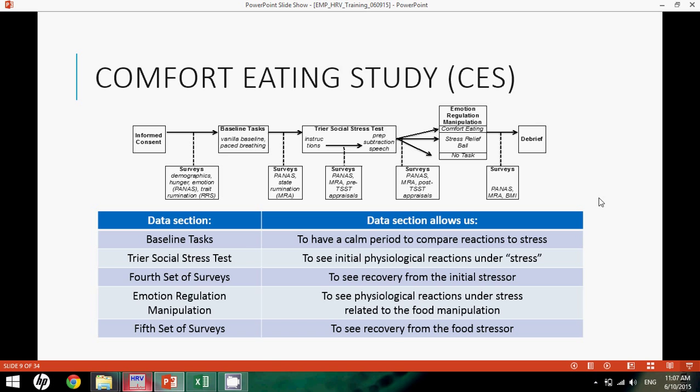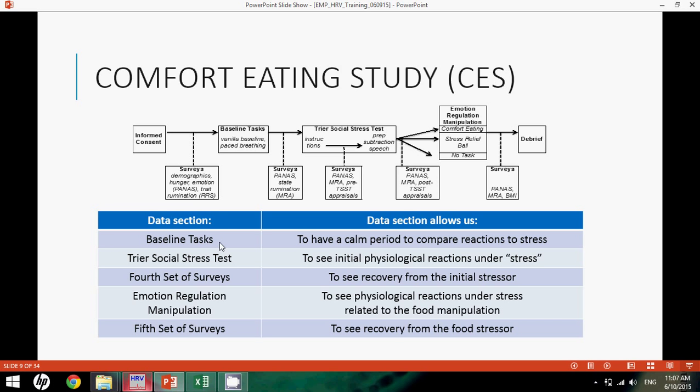So a general overview of the comfort eating study is that we basically have five portions of the data that we're really interested in looking at. When the participants initially come in, they fill out their informed consents and surveys, and then they take part in a baseline task. This baseline task is what we're initially going to quantify.